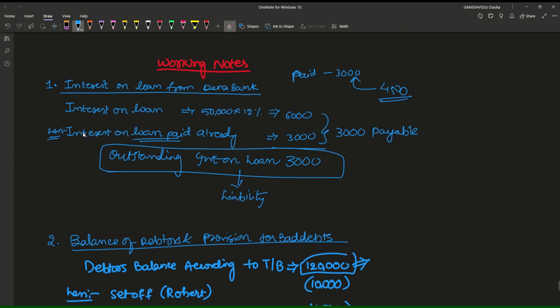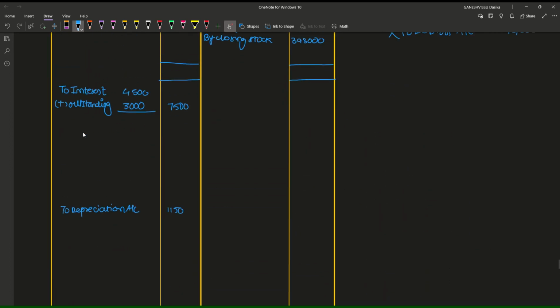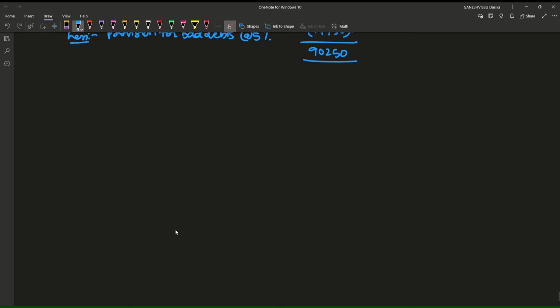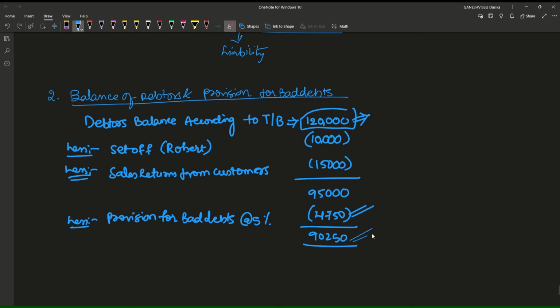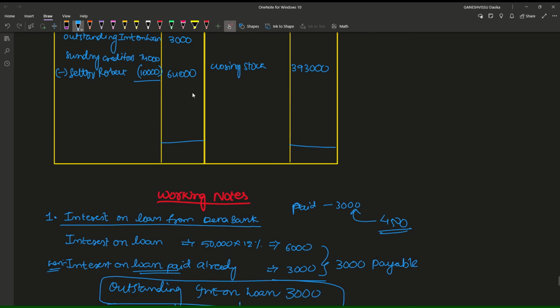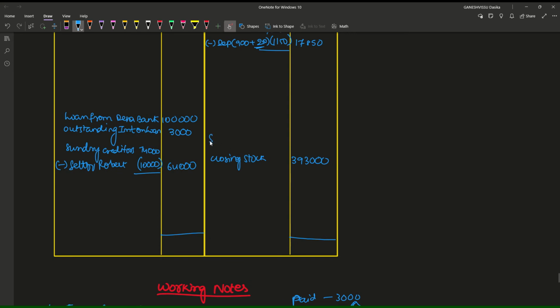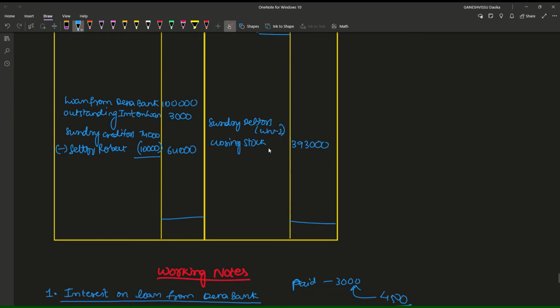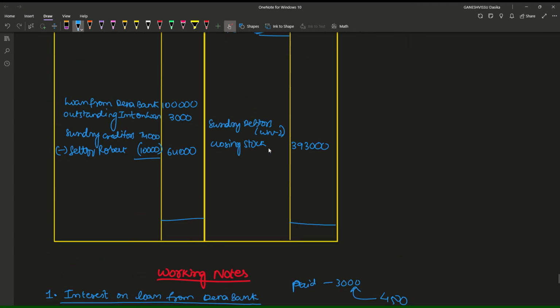Okay, let us debit to profit and loss account, provision for bad debts, 4,750, and we have the total balance of sundry debtors, right? So we can now show the debtors value directly. So sundry debtors, working note number 2, I suppose. Correct, 90,250.